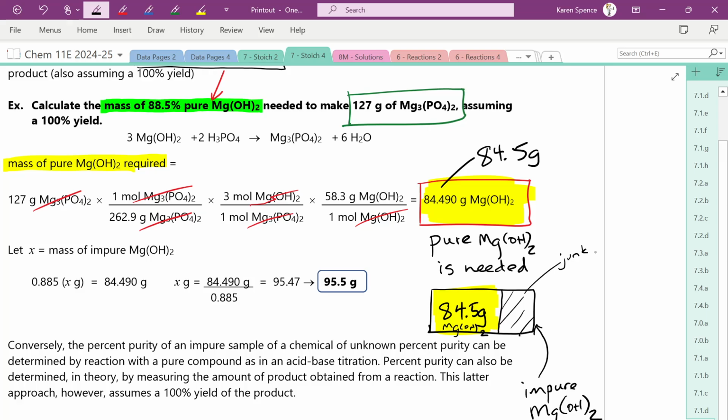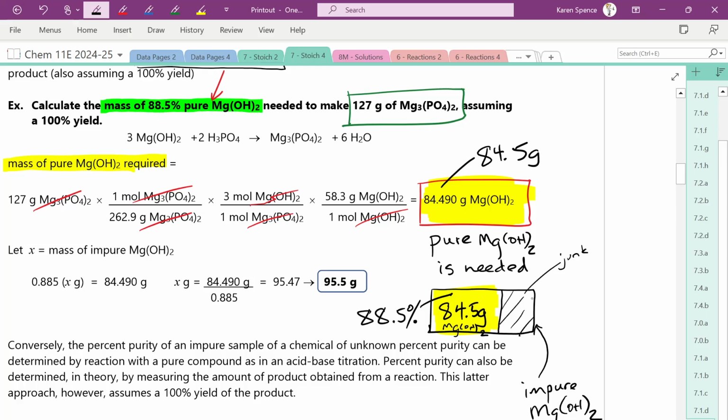And I want to say that this 84.5 grams is 88.5% of the total. Yes? So 88.5% of the total is 84.5.